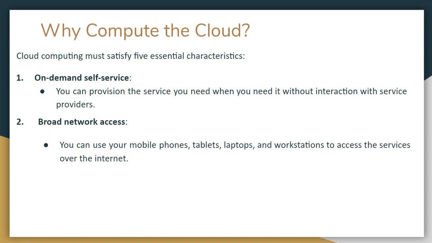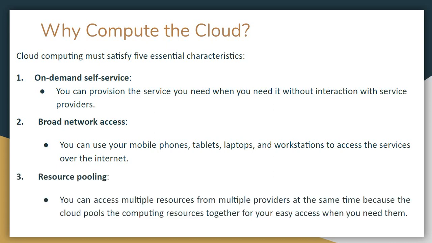Number 2 is broad network access. This means that you can access the cloud services using mobile phones, tablets, laptops, and workstations over the internet. So it allows a broad connection of devices to the services in the cloud. And now number 3 is that there must be resource pooling.